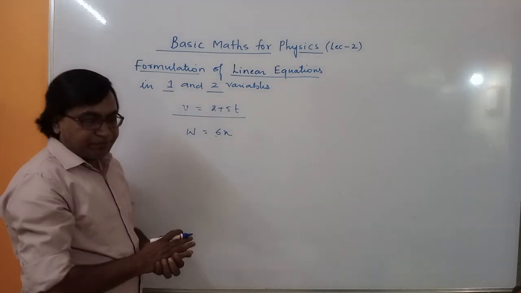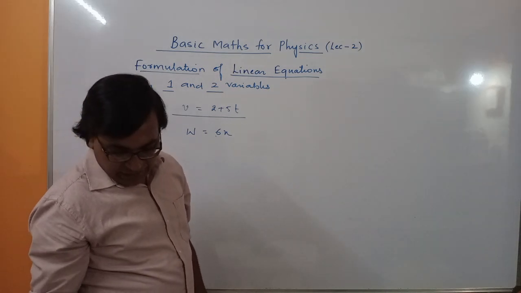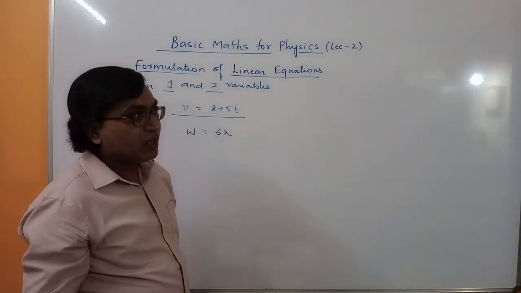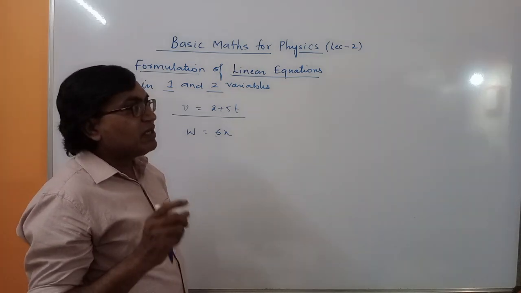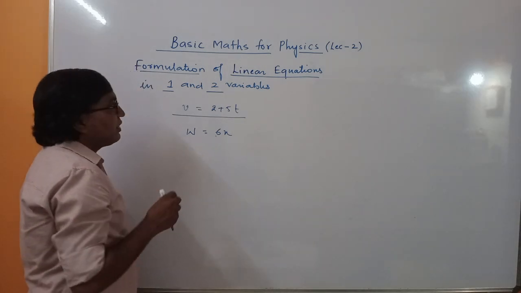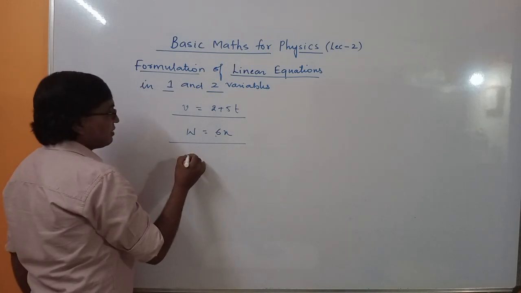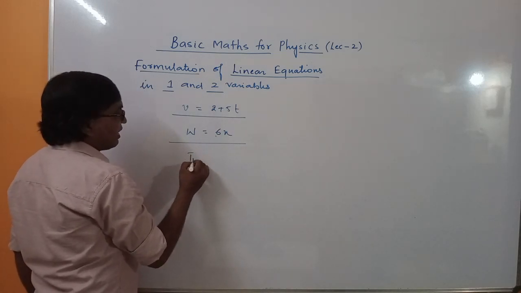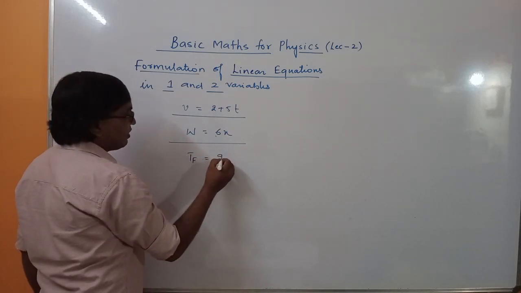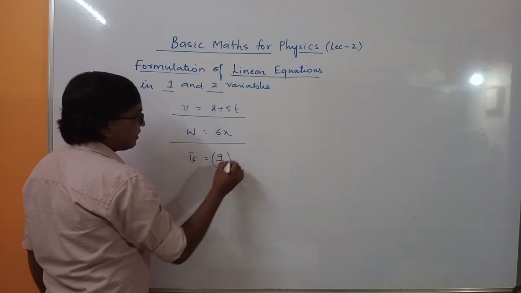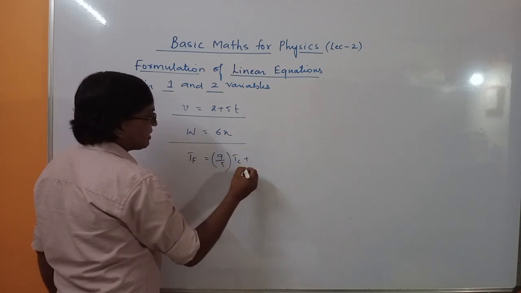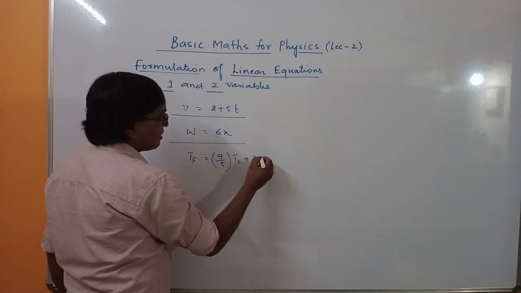So similarly, we have different relations. Now one famous equation which you know is temperature in Fahrenheit is equal to 9 by 5 into temperature in Celsius scale plus 32.